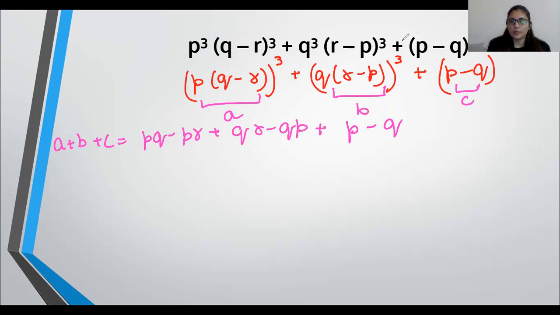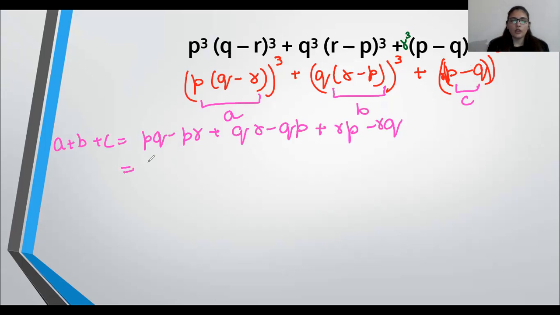Here it should be R cube, so you will get R times P minus Q, whole cube. Once you open the bracket, you will get R times P and R times Q.